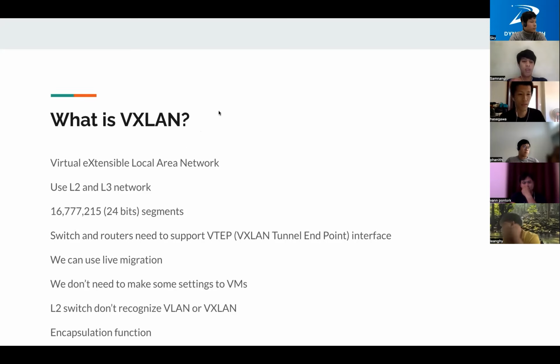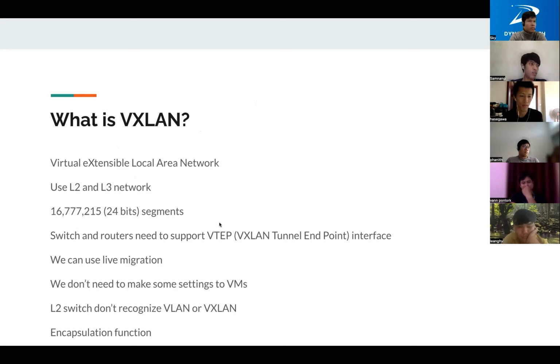So what is VXLAN? VXLAN means virtual extensible local area network, and it is used on both L2 and L3 networks.